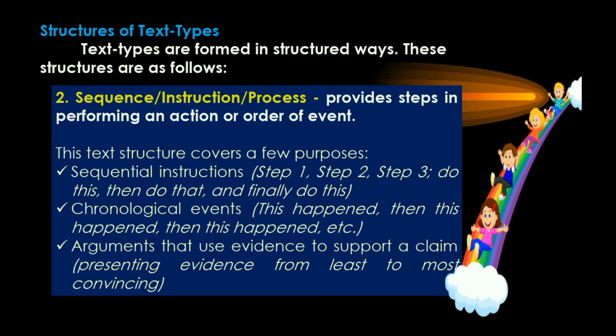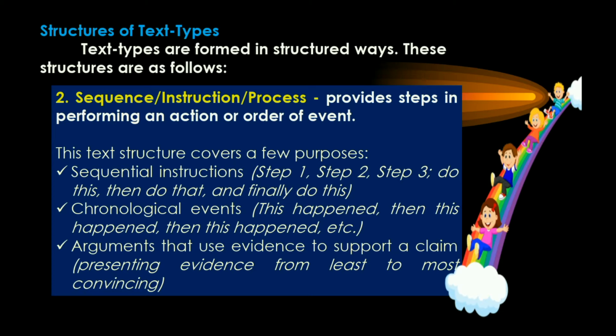Chronological events: this happened, then this happened, then this happened. That's chronological. Arguments that use evidence to support a claim, presenting evidence from least to most convincing. So when you read or write a text with this structure, order is the key. This explains how a task can be completed or done.